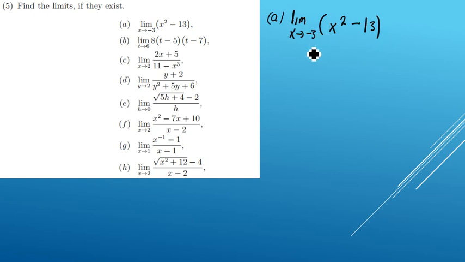The only thing to do here is simply to put -3 where there is x and calculate everything. If we calculate this, we're going to get 9 minus 13, and our final answer is simply -4. So that is the limit for the first question.